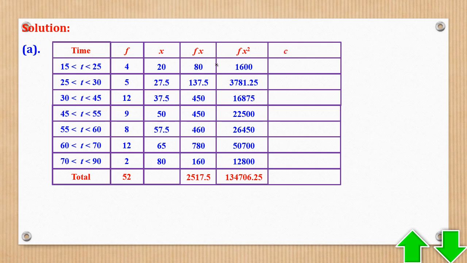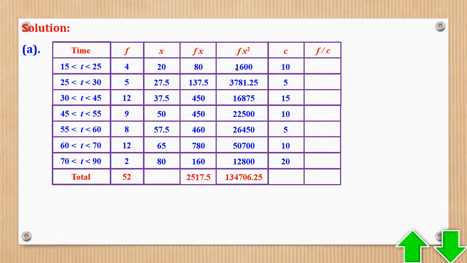Then class width, because they ask for histogram, we need to identify whether the class widths are equal or unequal. So this minus this, for each class. So class widths are unequal, meaning that we shall use frequency density.